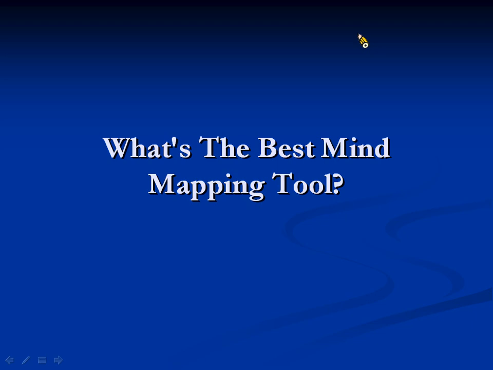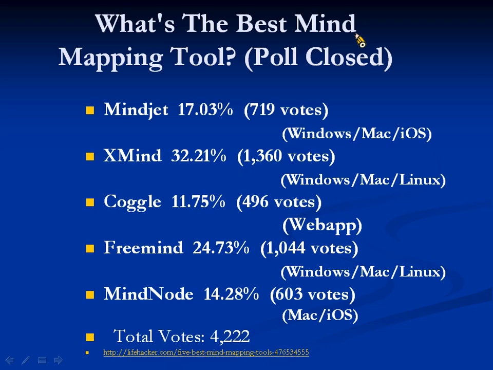And what's the best mind mapping tool? This is a list of some very popular mind mapping tools, and the voters are internet users. In total there are more than 4,000 users who voted for their favorite mind mapping tools.